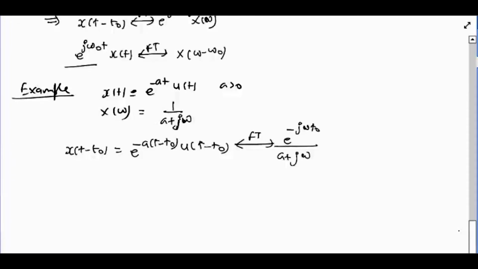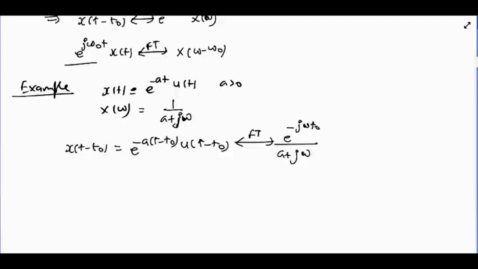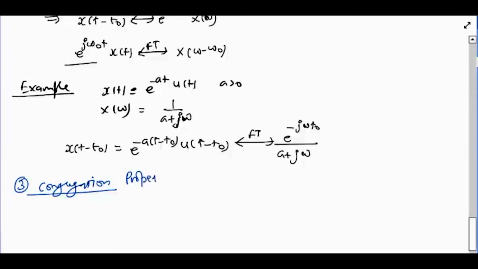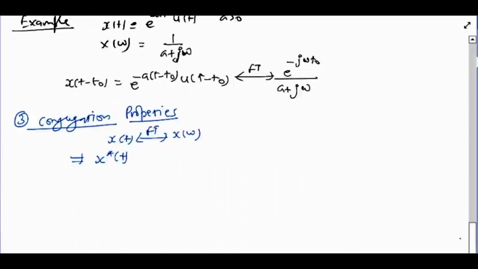Let's move on to the next property, which is conjugation. Conjugation property. It says that if xt has Fourier transform X omega, then x star t, which is complex conjugate of xt, will have Fourier transform X star minus omega.